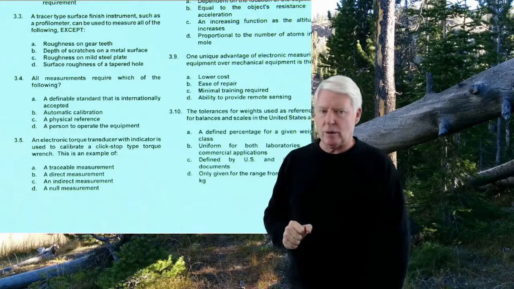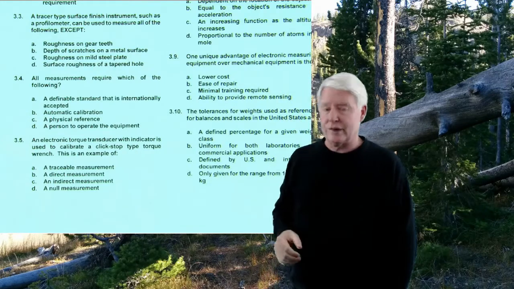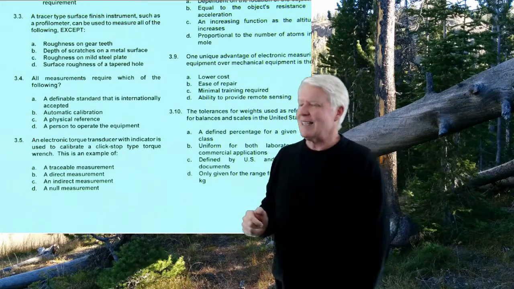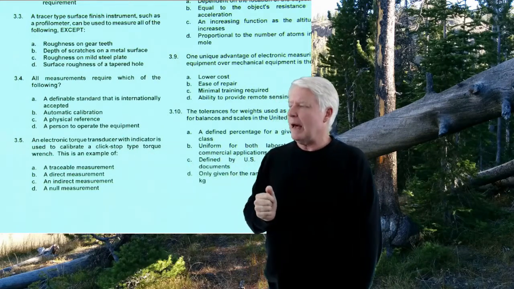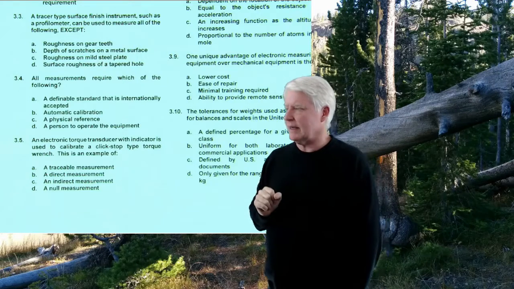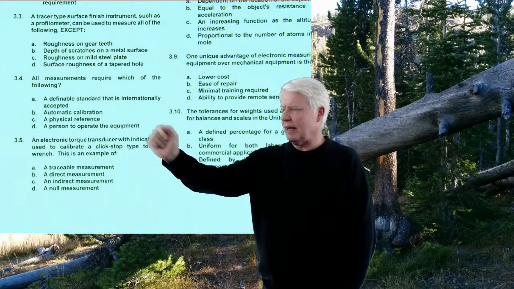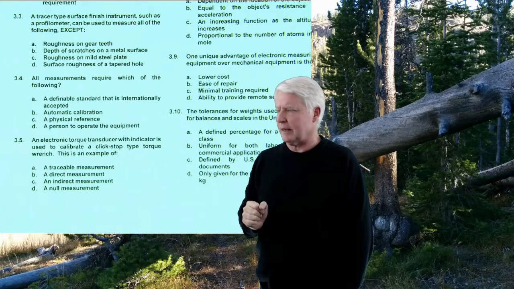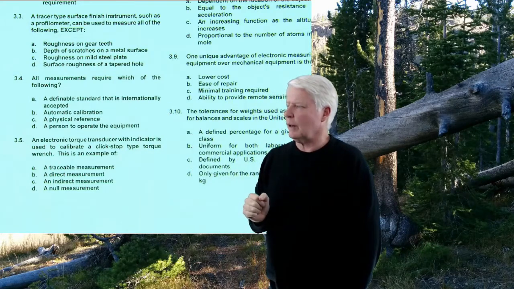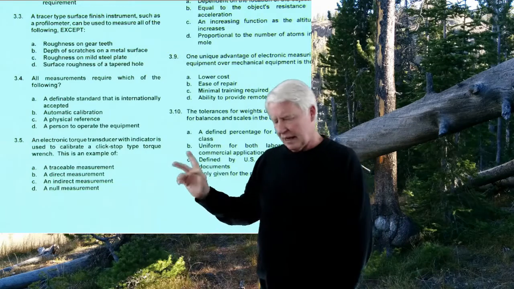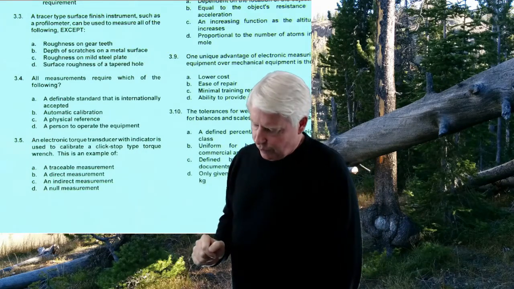No, there's automated equipment. So in other words, they're all wrong, okay? And sometimes you run into those, but the one here that is better than the other ones, in my opinion, is a definable standard that is internationally accepted. The internationally accepted bit I'm a little uncomfortable with, but it's much better than the other ones. Has to be A.